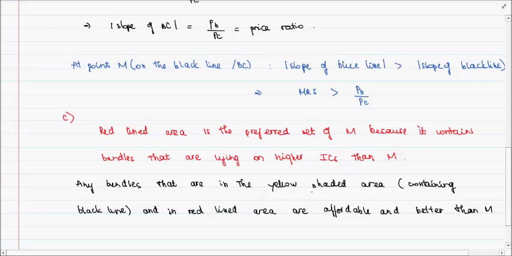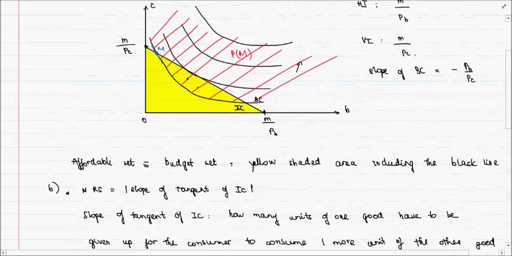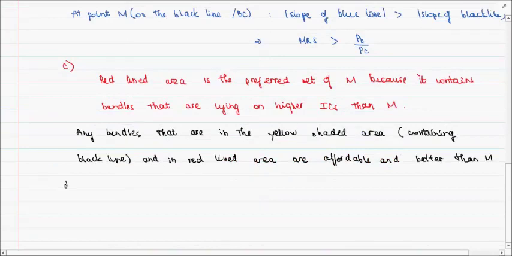Okay, so in the better area, in the red area, because there's a few points, say over here, in the yellow area, and also inside the red area is going to be better than point A. So D, confirm that Gabrielle can also buy consumption bundles on the indifference curve IM, for which the acquisition cost is going to be smaller than the acquisition cost for bundle M.